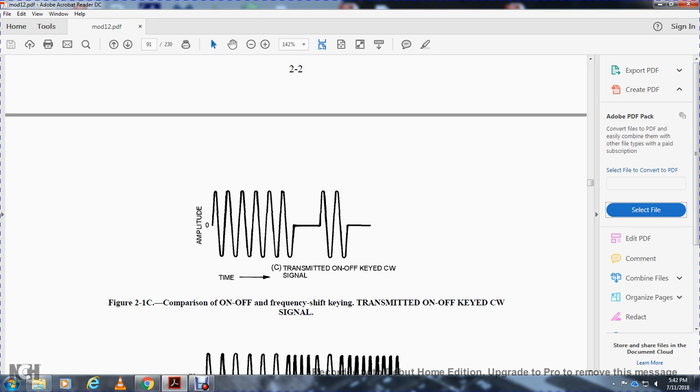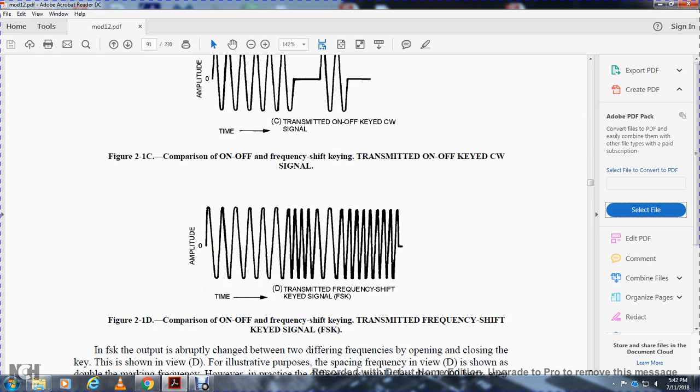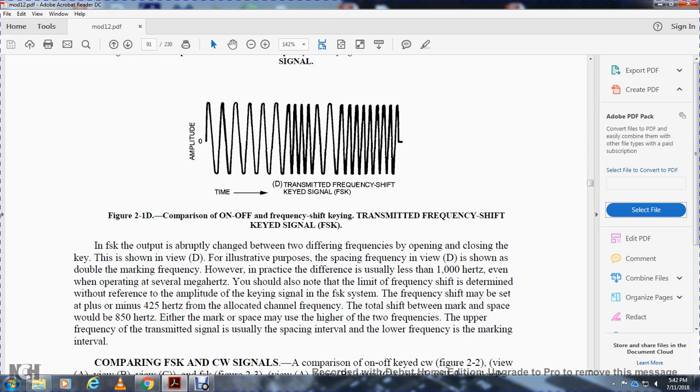View D, transmitted frequency shift keyed signal.